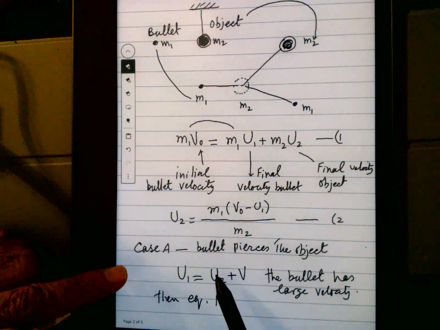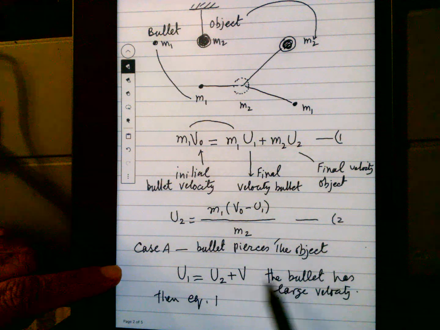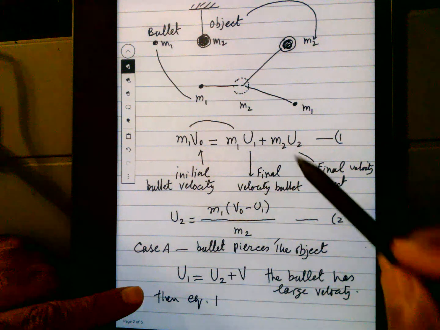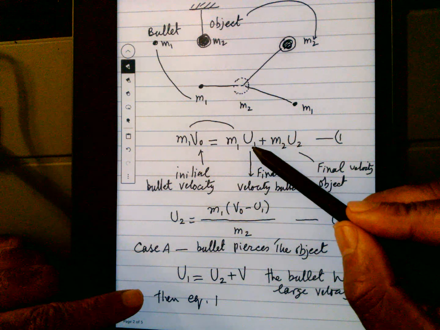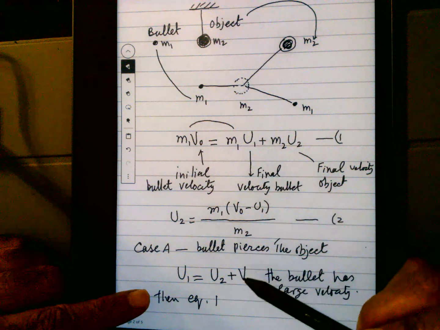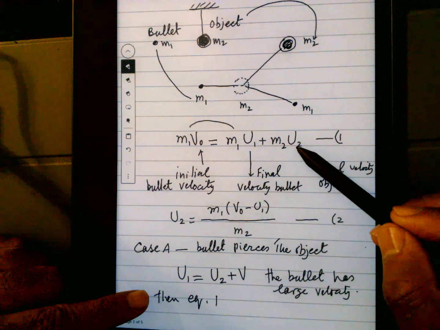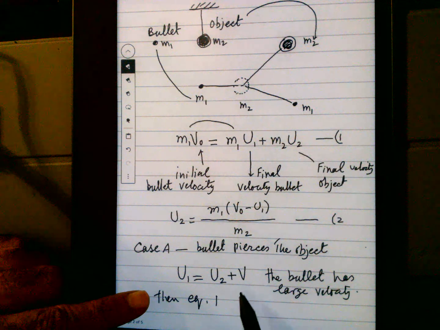Case 1: the bullet pierces through the object. If it pierces through, then the final velocity of the bullet will be the velocity of the m2 object plus a small amount of additional velocity.